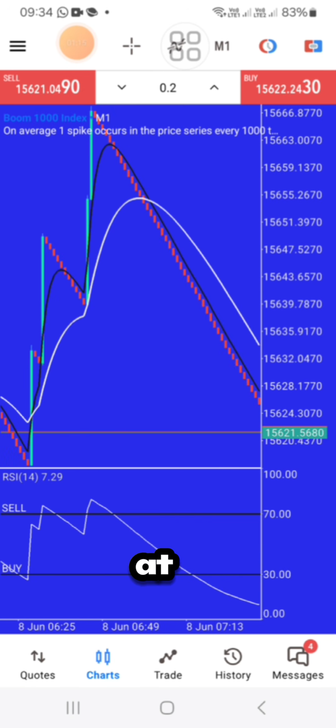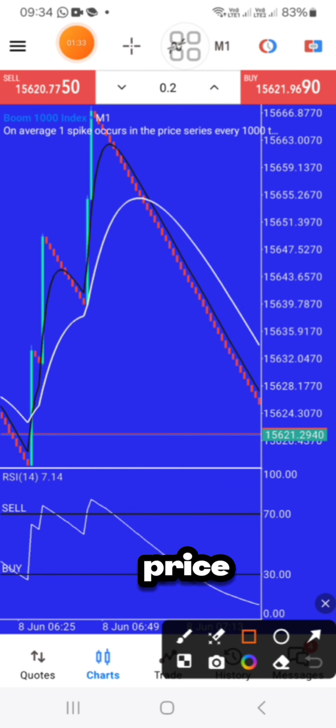So let's look at the buying and selling conditions. The first thing, when you want to sell in boom, is you need to wait for price to reach this particular level. Wait for price to cross below the 70 level.